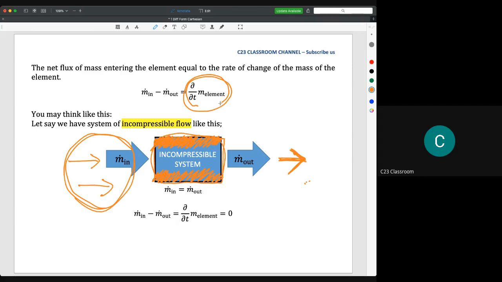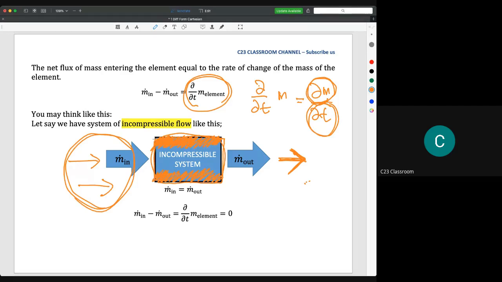Kenapa sama dengan kosong? Awak kena faham bahawa maksud del dt m kita boleh tulis juga sebagai del m over del t, bermaksud changes of mass with time. Maksudnya perubahan mass yang berlaku di dalam perjalanan masa.